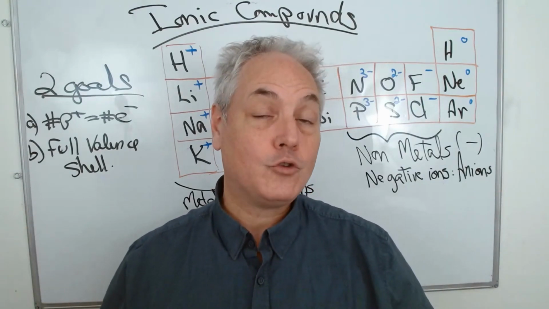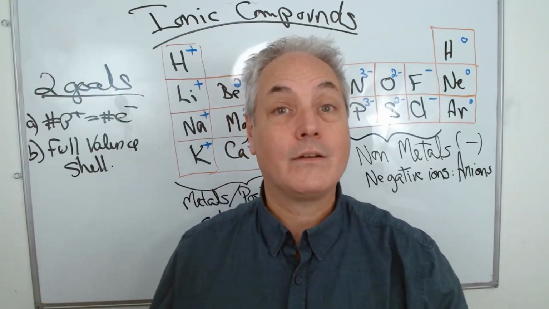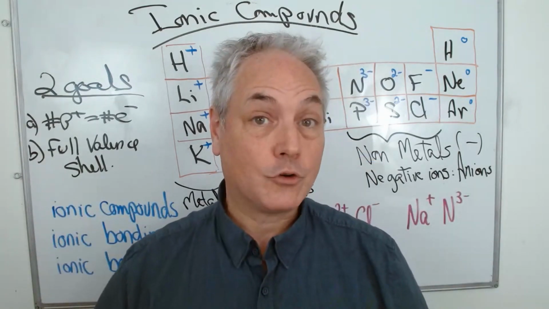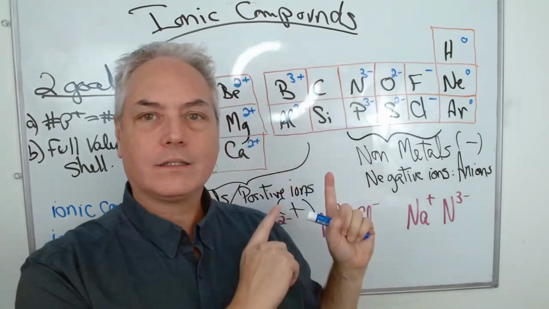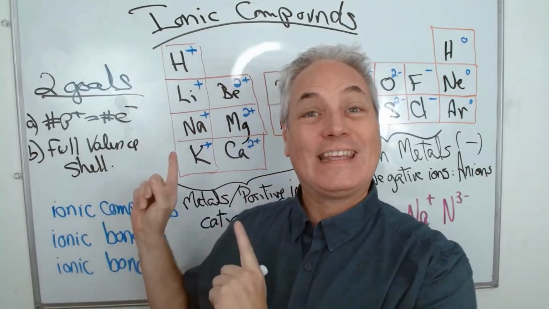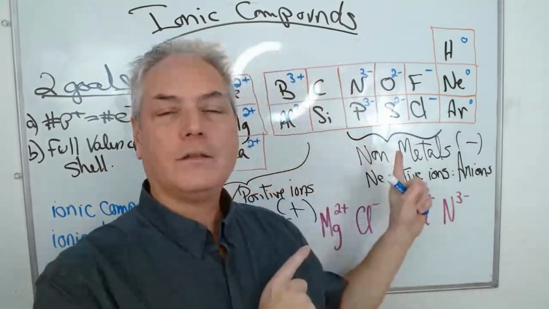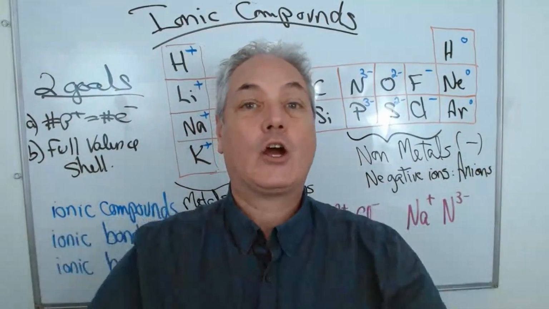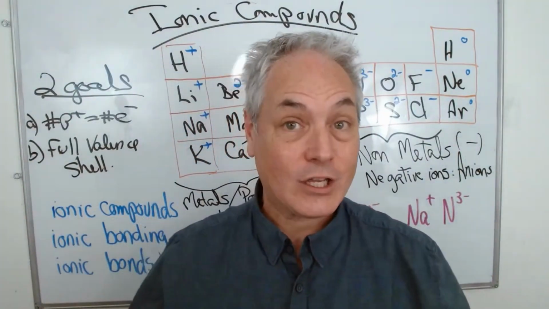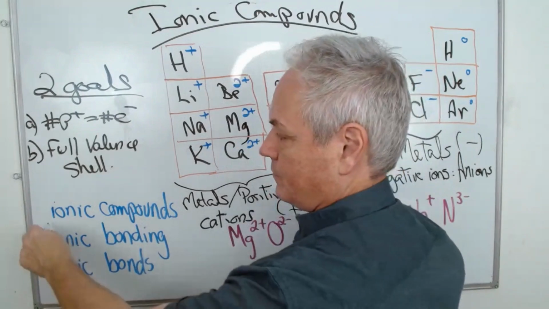So let's see if we can look at a few examples that could help us from here. Looking at vocabulary, let's see if we can add new words here. We know that metals are giving electrons, non-metals are receiving them. So when they come together, they are creating what we call ionic compounds.